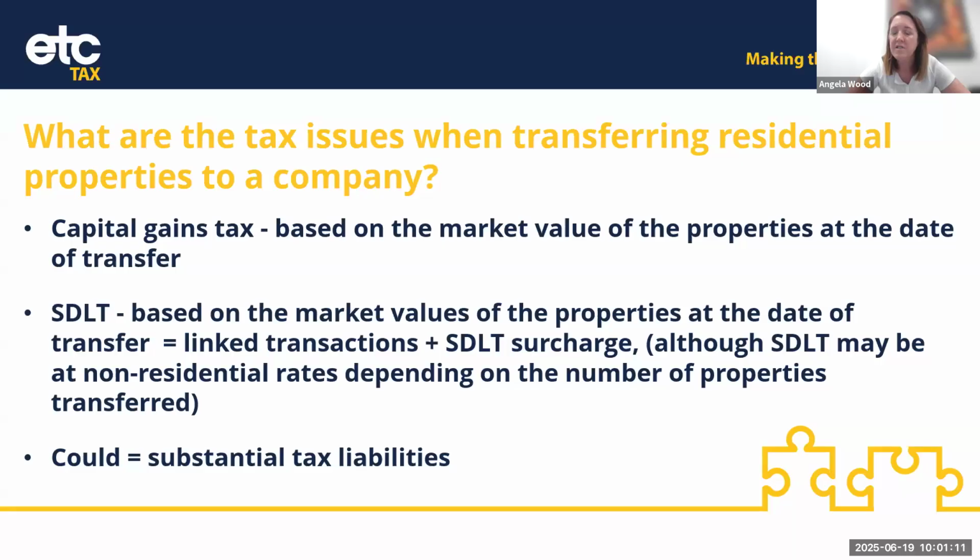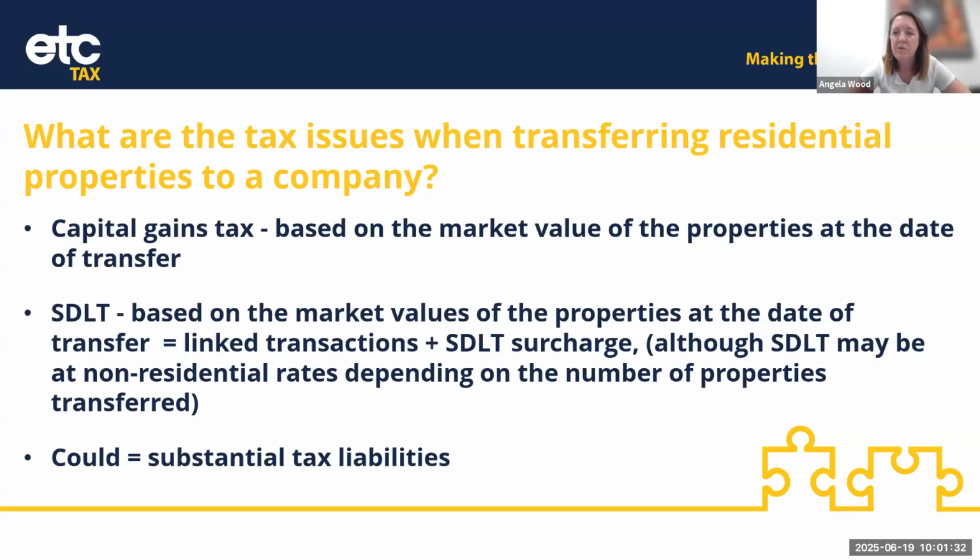When we're looking at the start point for each of these, the capital gains tax position is based on the market value of the properties as at the date of transfer. That would be the normal situation, absent any reliefs that apply. From an SDLT point of view, that would also be based on the market value of the properties at the date of transfer.